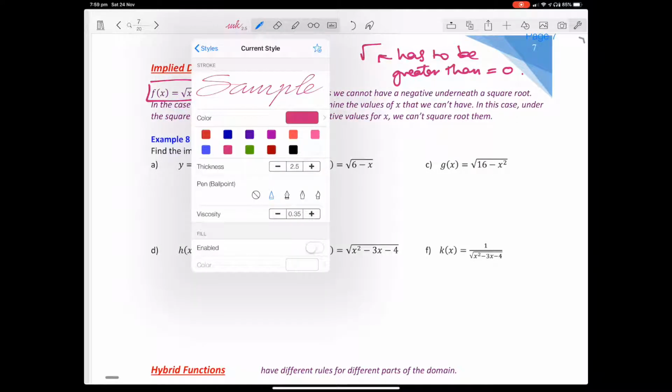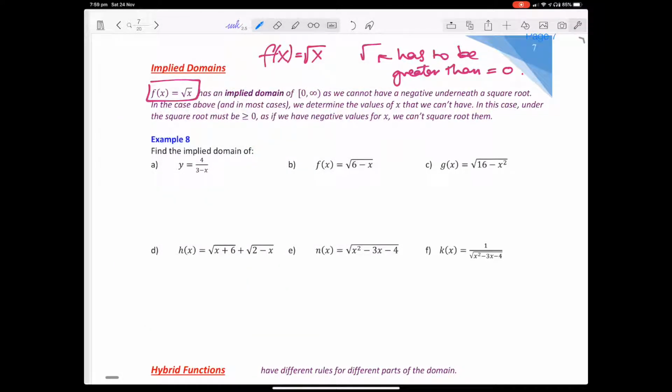Now, I know a few of you smarty pants specialist kids out there will probably go, hang on a sec, no, it doesn't, because we've got imaginary numbers. Well, in methods, we don't ever do imaginary numbers. We're always working with the real number set, or that's our base, and codomains within the real number set. So here we say that the function root x has an implied domain of 0 to infinity, because you can't have a negative underneath the square root.